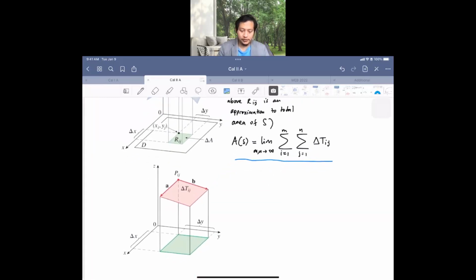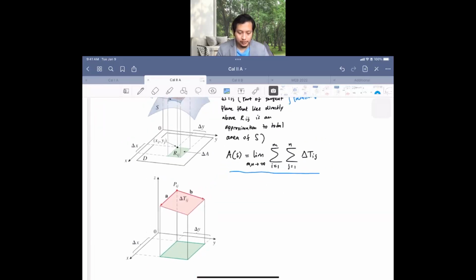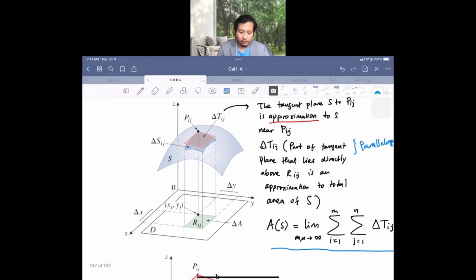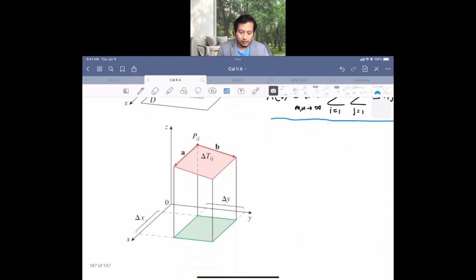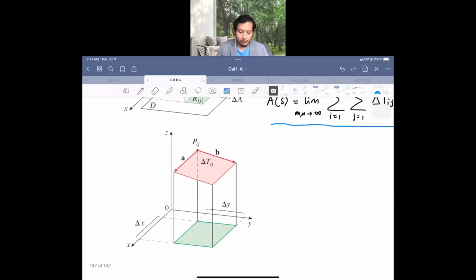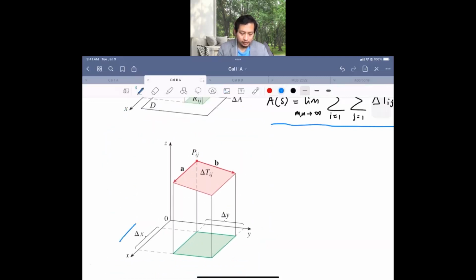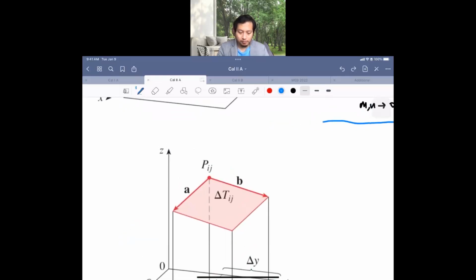Now let's focus on the delta T. We break down the delta T to simplify the equations. Let's say we have a delta x for the x-axis and delta y for the y-axis, and from this point P we have two vectors, vector a and vector b.